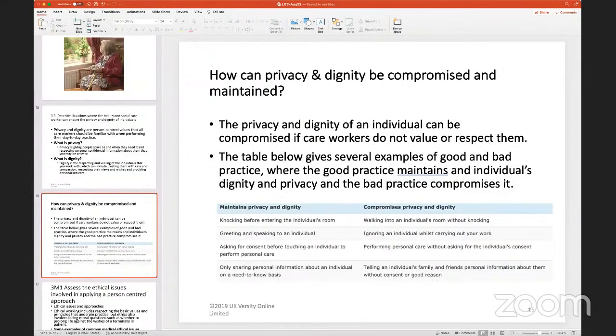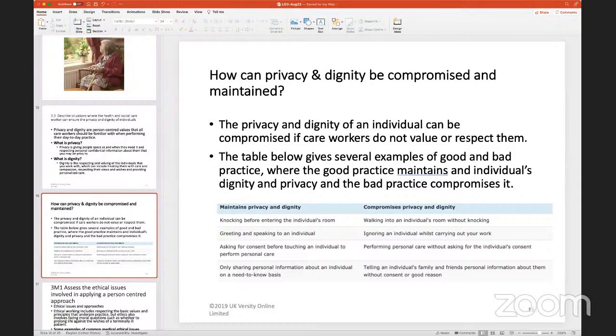Or I'm coming in, if it's a doctor or a nurse coming for a normal round, or for taking a blood pressure or bloods, then you give a knock and make sure that they have enough time to react. And that is an example of respecting their privacy.